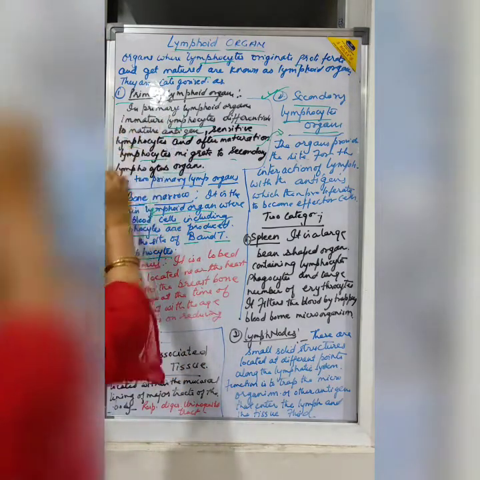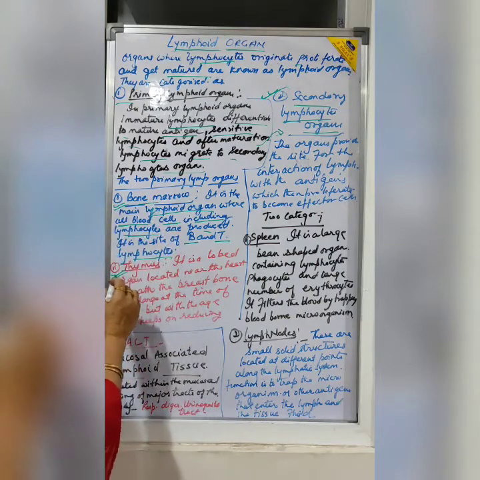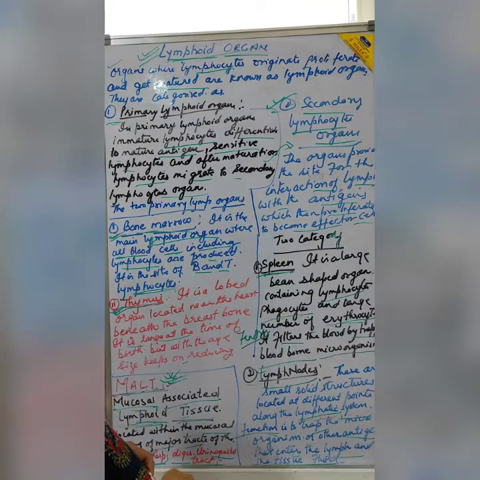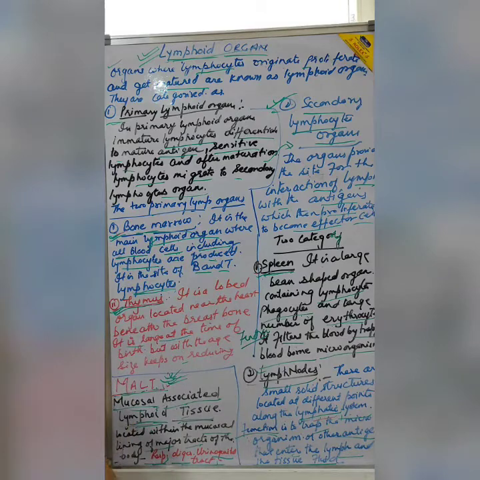So the primary lymphoid organs I was telling you about are two: bone marrow and thymus. Bone marrow is the main lymphoid organ where all the blood cells including lymphocytes are produced.